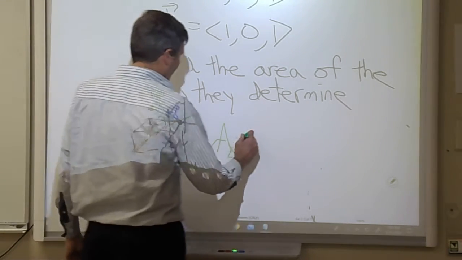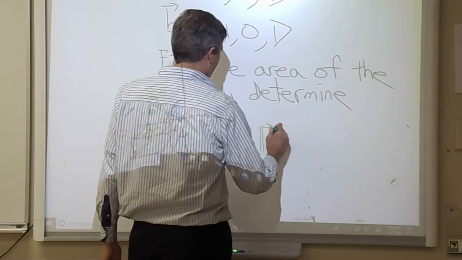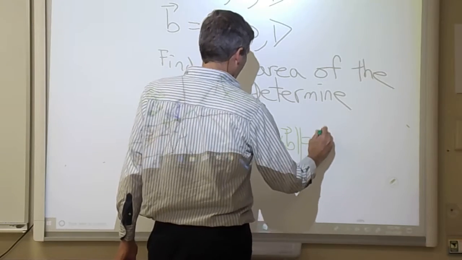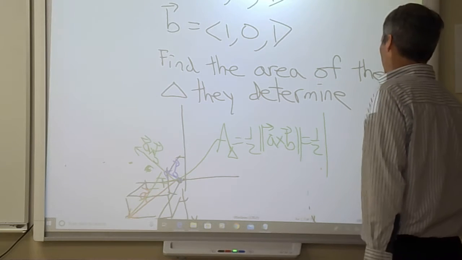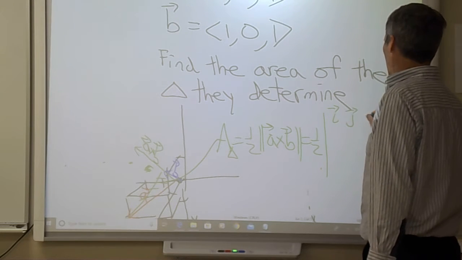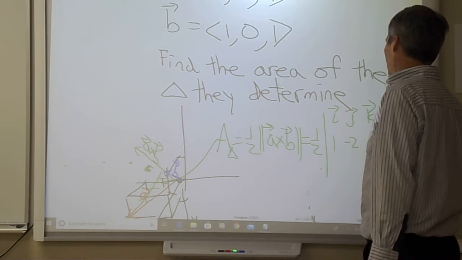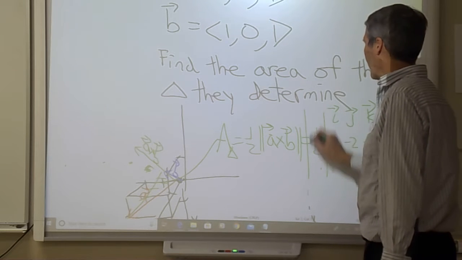We simply say that it's 1/2 the length of A cross B, which is 1/2, and we'll put these into the determinant formula, the one that's easy to memorize. I, J, K, 1, minus 2, minus 1, 1, 0, 1, length.